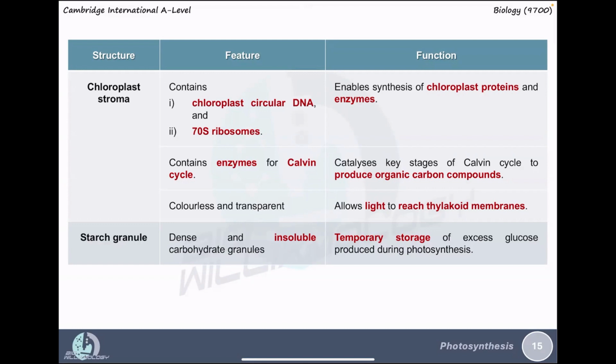Once we have done the whole series about photosynthesis, which includes the light-dependent and light-independent processes, then we can come back to this lesson again to revise, and you will be able to get the concept more clearly when you have done the photosynthesis reactions.